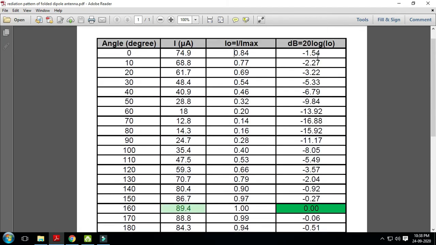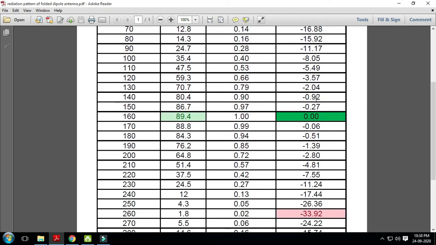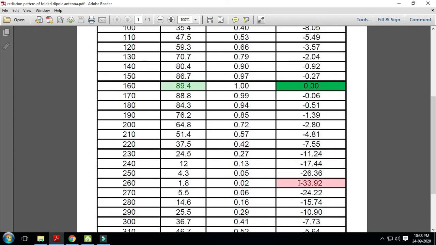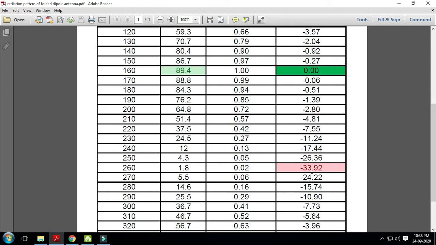In my case here, I have already marked it with green and red. So green is my maximum value and this red colored is the minimum value.